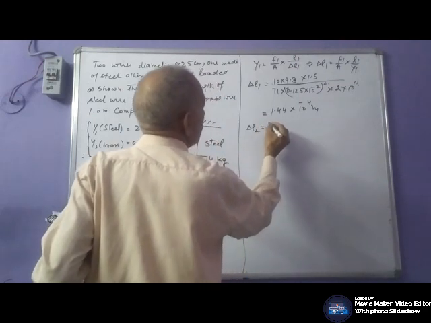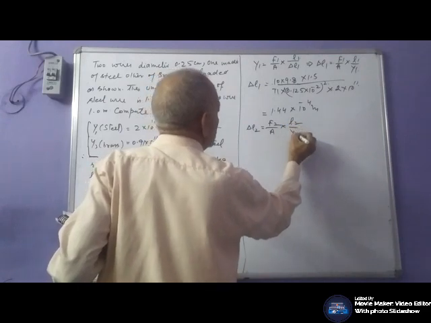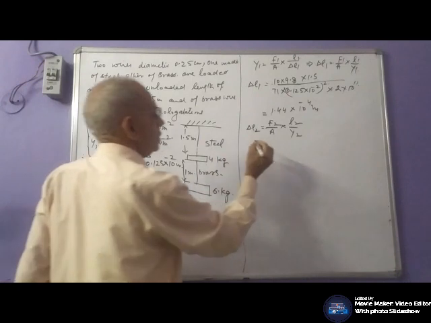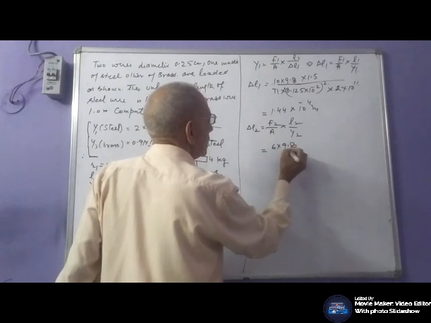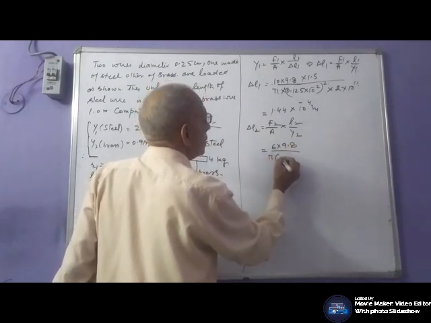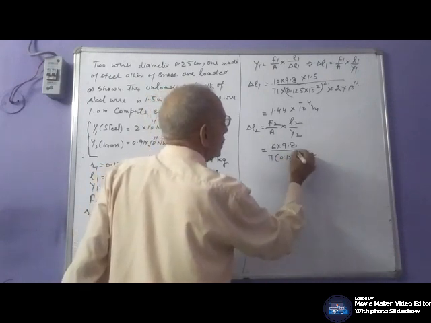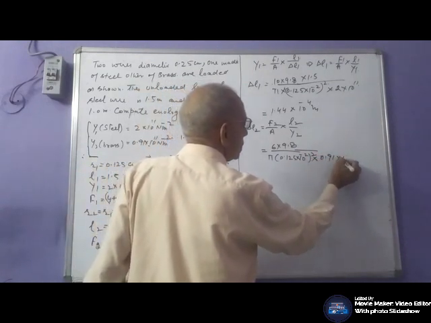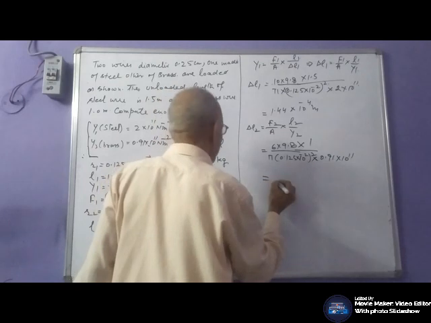Similarly, delta L2 is F2 by A times L2 by Y2. F2 is 6 times 9.8, area pi times the radius square, times L2 which is 1, by Y2 at 0.91 × 10^11.